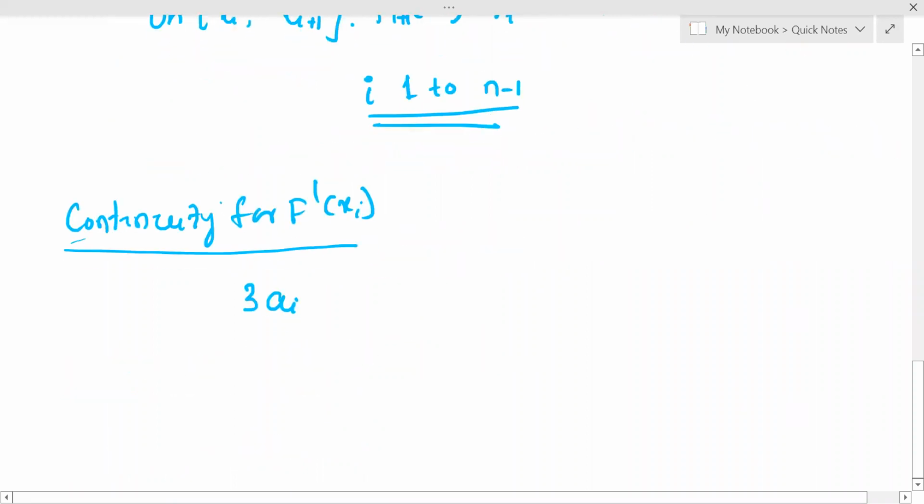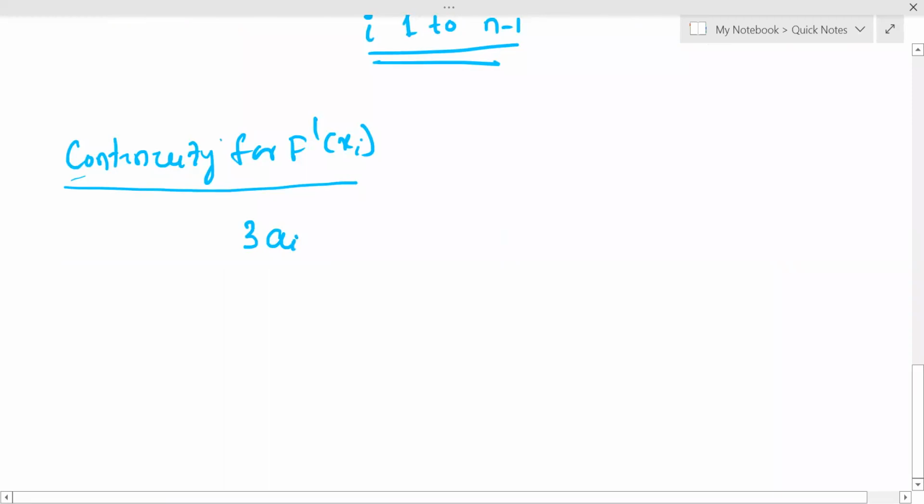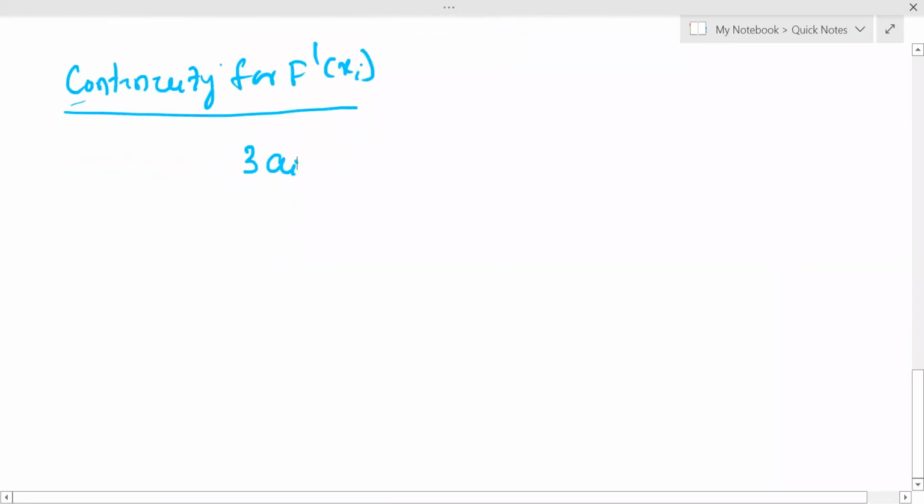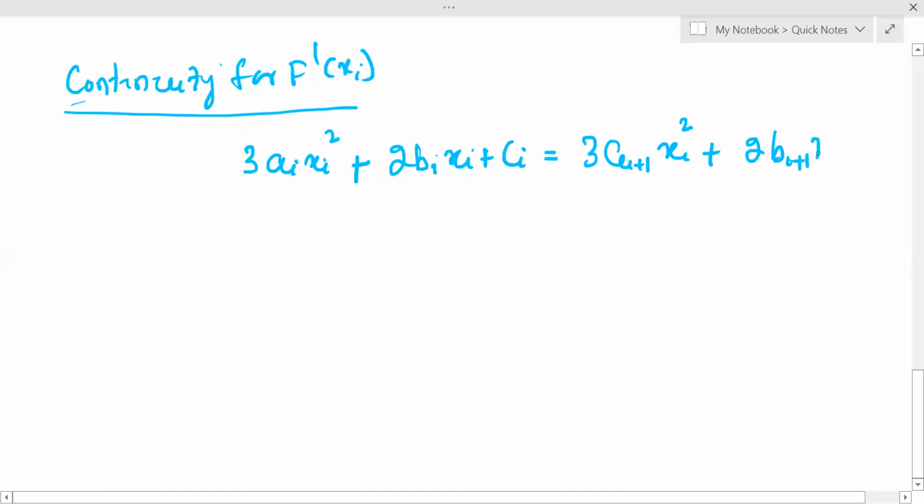Okay. The continuity of f dash xi means derivative of the above equation को हम equalize कर देंगे. That means 3ai xi square plus 2bi xi plus ci, which is equal to 3ai plus 1 xi square plus 2bi plus 1 xi plus ci plus 1.